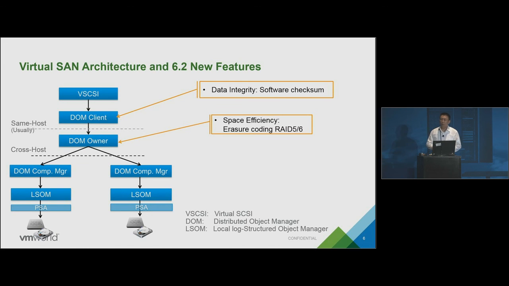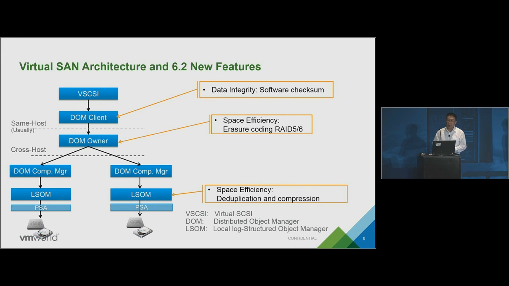Then, for all-flash setup, 6.2 also introduced an erasure coding feature for better space efficiency. And this is implemented in the DOM owner layer. Finally, to achieve even better space efficiency, the all-flash cluster also has the deduplication and compression features available. And that is implemented in the LSOM layer.